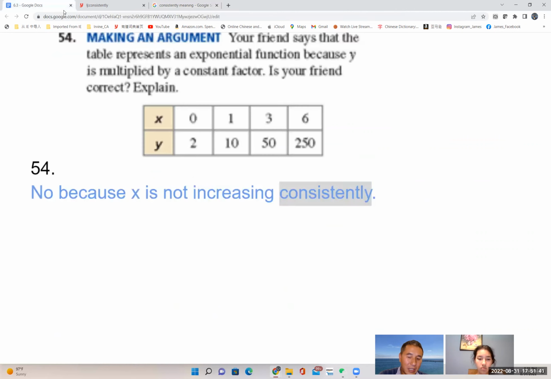Anyway, I just think it's not so precise, right? Not so accurate, this word.